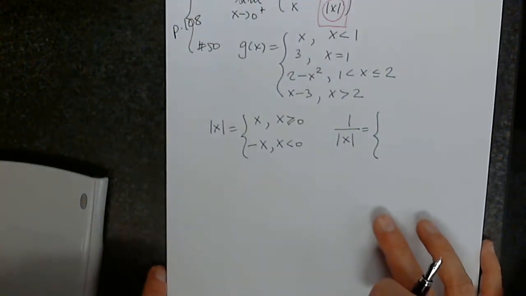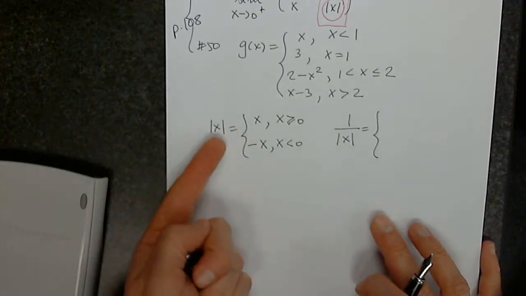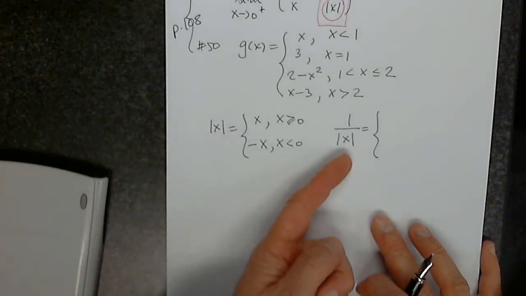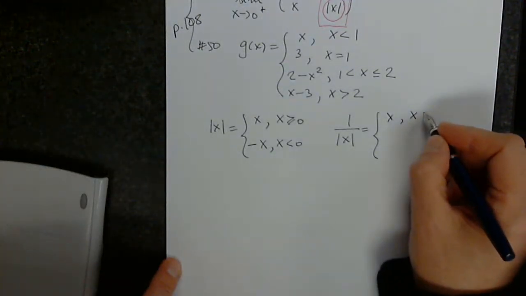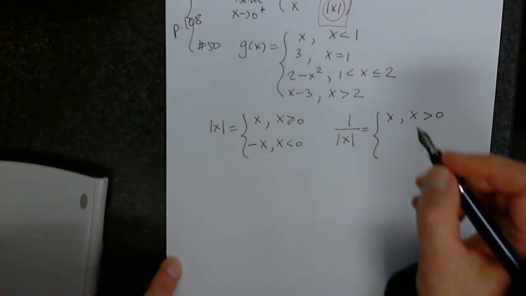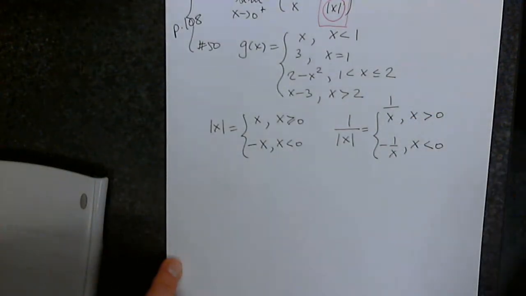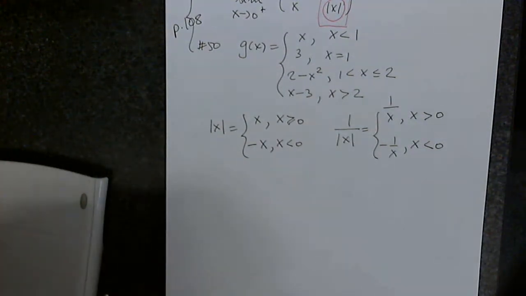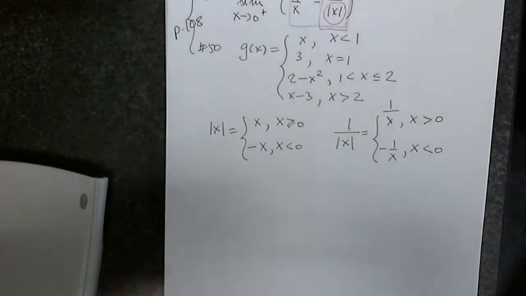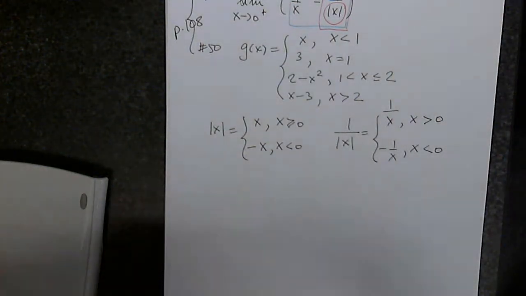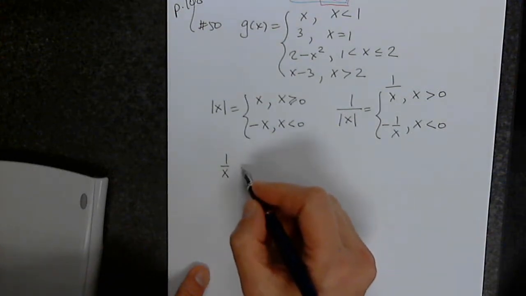Now there are two options, but I have to be careful because this is in the denominator. This was defined at 0, but this one is not defined at 0. So now it's just 1 over x if x is greater than 0, and negative 1 over x if x is less than 0. Now I'm ready to build this whole thing. Since it's 0 from the right, I still have to finish it.